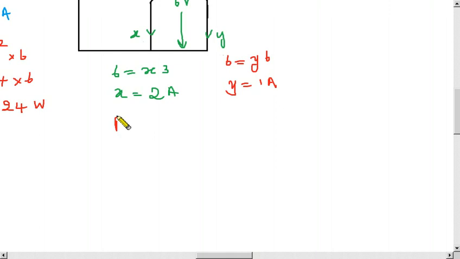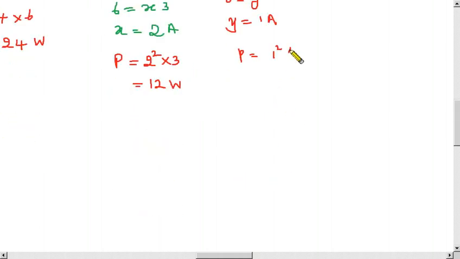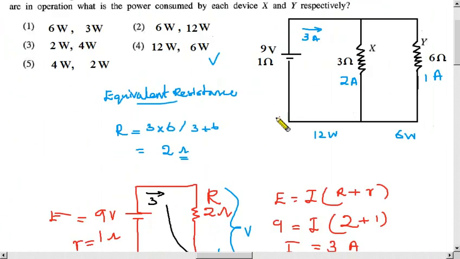Now power, I squared R, 3, 12. P equals I squared R, 6. 12 watt, 6 watt. Again we received the same answer.